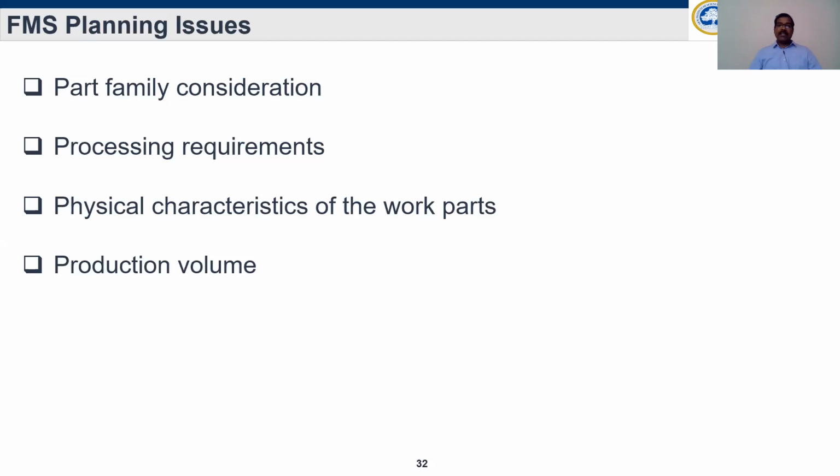So physical characteristics of the workpiece are very important, and only then can we design the material handling. Then volume: how much quantity we are making. Based on this, we can get a clear idea for FMS. That comes under planning issues: part family consideration, processing requirements, physical characteristics of the work parts, then production volume.